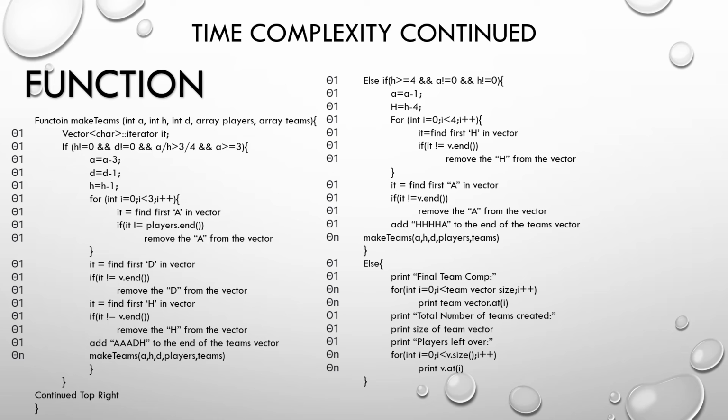We have a theta 1 for the total number of teams created being printed, theta 1 for the size of the team vector, theta 1 for the players left over being printed, and then a theta n for running the actual printing part of the vector for the players, because it's based on the amount of players left over, which would have been a size of n at some point.